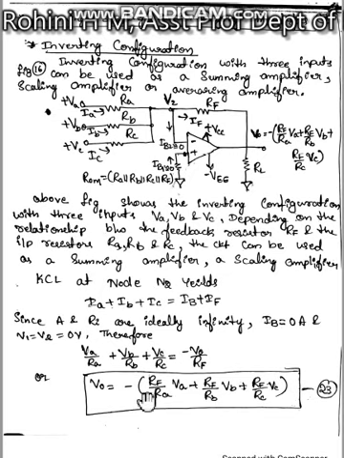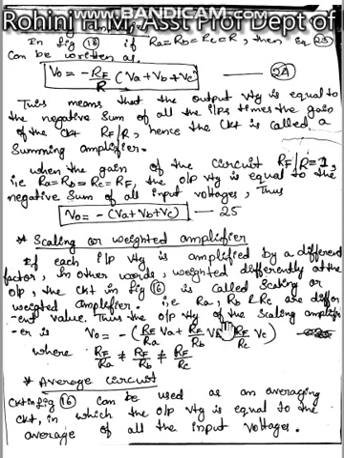RF is also there, so minus RF by R will come outside. What is remaining inside the bracket? VA plus VB plus VC.